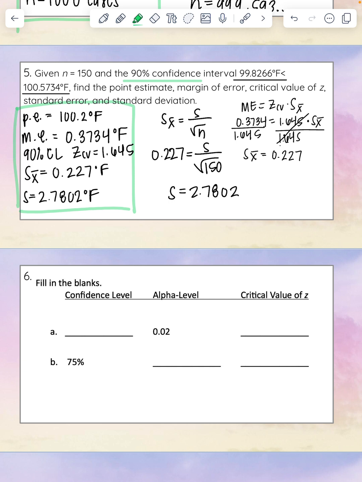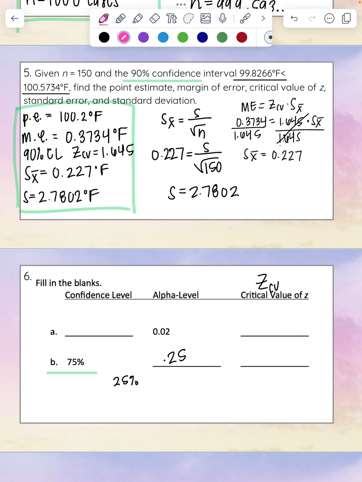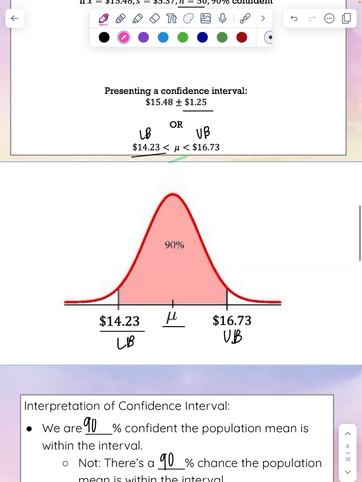So here, let's start with B. If I'm 75% confident, that means that there's a 25% chance of error. So my alpha level as a proportion would be 0.25. Now to find your critical value of Z, you're going to take that alpha level and divide it by 2. Why do you have to divide by 2? Let me bring you back to this picture real quick.